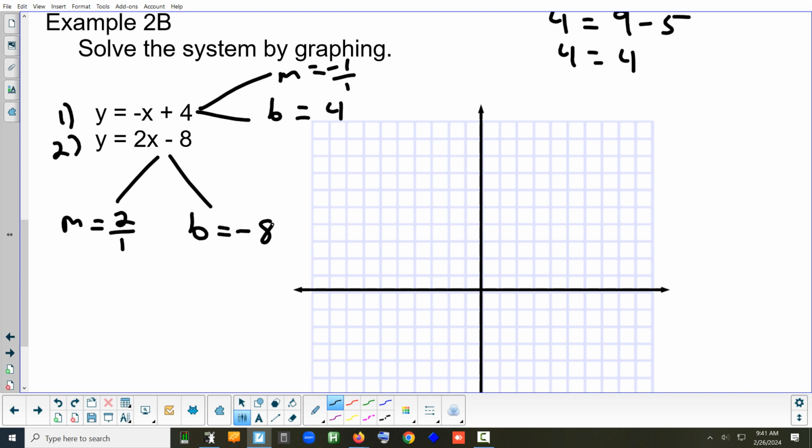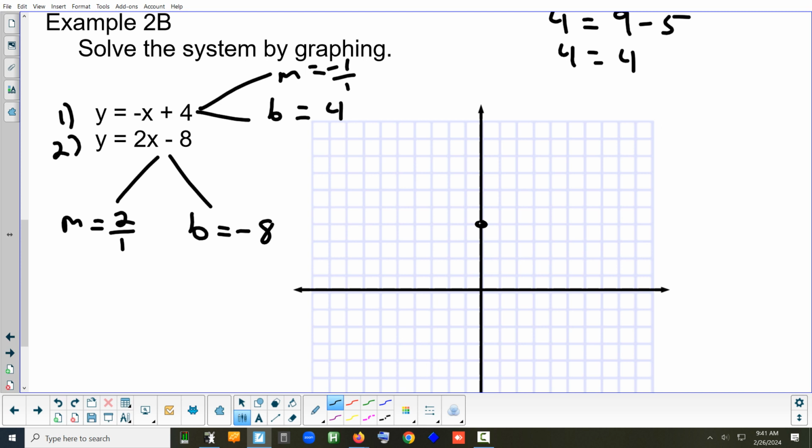Okay, so let's start with the first one. My y-intercept is 4. Where would a y-intercept of 4 be on the graph? 4 up. 1, 2, 3. There's your y-intercept.